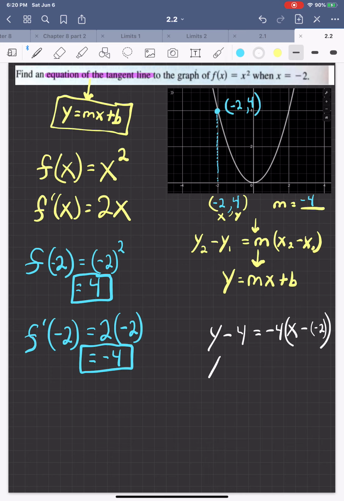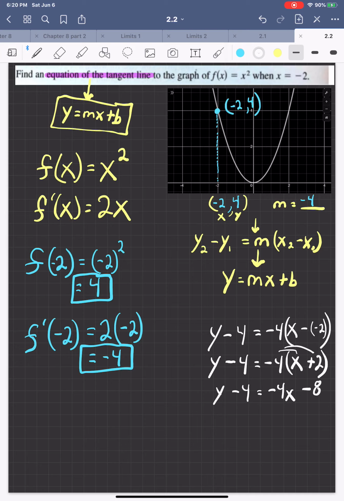So for your notes, let me go ahead and rewrite this. I have y minus 4 is equal to negative 4 times x plus 2. All right, well, you got it from here. Distribute the negative 4 and then solve for y. So I'll do that. y minus 4 is equal to negative 4x minus 8.